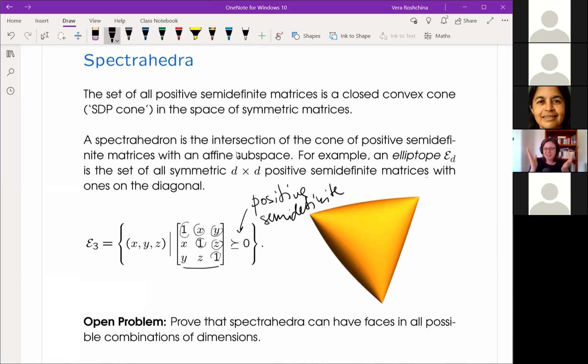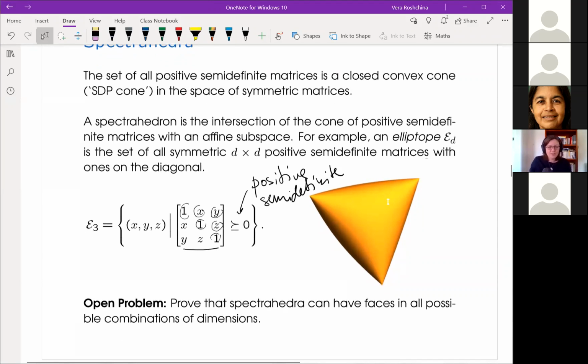It's symmetric, so it's n+1 times n over 2. And then I cut a very high dimensional cone with a linear function, and that slice will be my spectrahedron. So I can view this particular spectrahedron, this elliptope, as a cut of a 6-dimensional cone of positive semi-definite matrices with a 3-dimensional linear subspace.